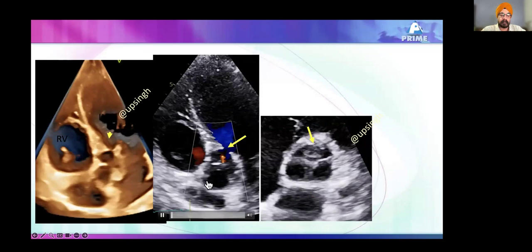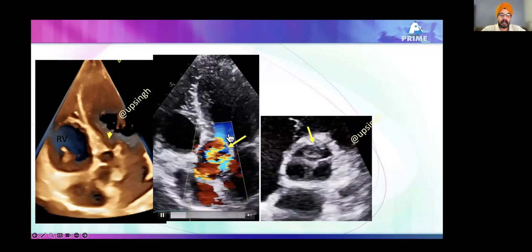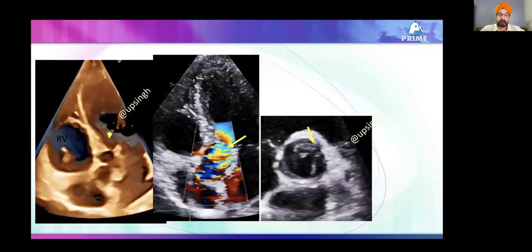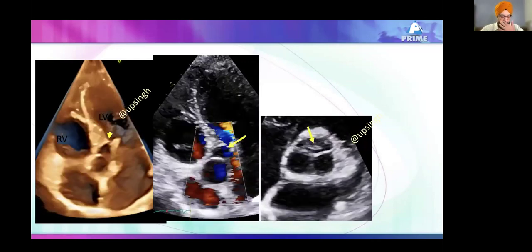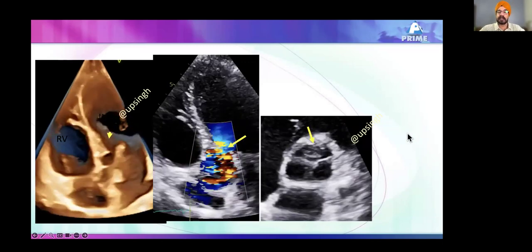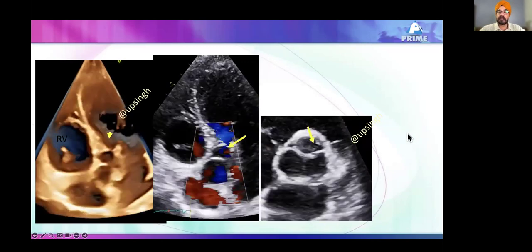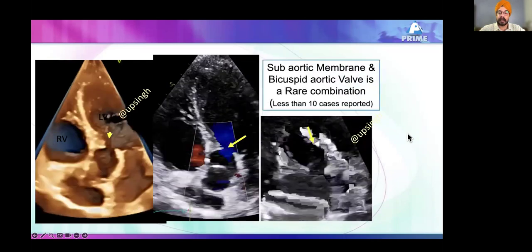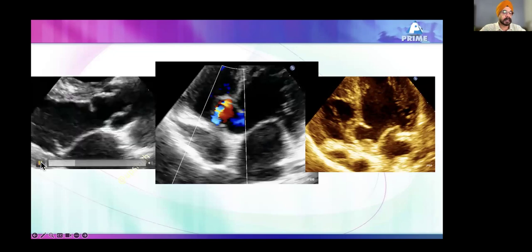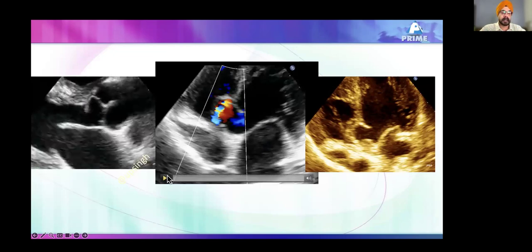The subaortic membrane, the PISA happening here, and then what you see here is a type 1 bicuspid aortic valve, which is a pretty rare combination to have, subaortic membrane and a bicuspid aortic valve. Less than 20 cases have been reported.